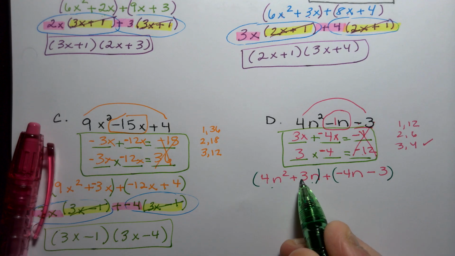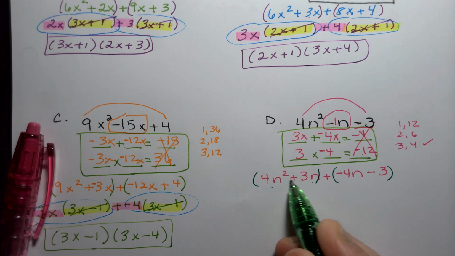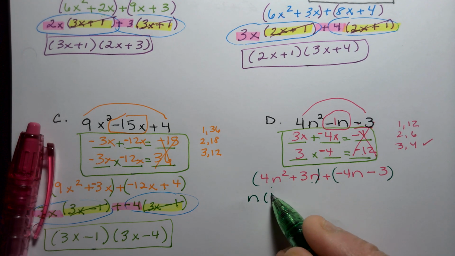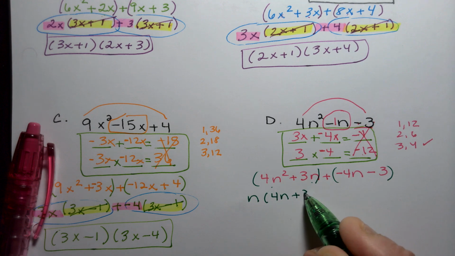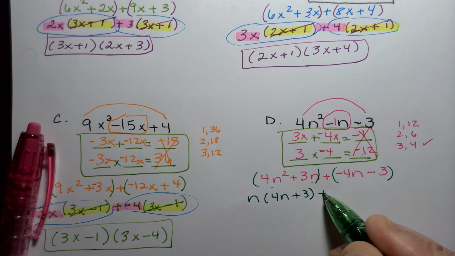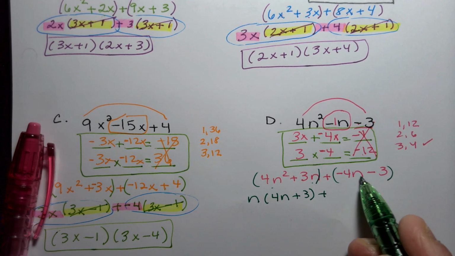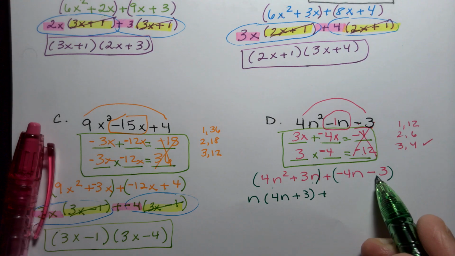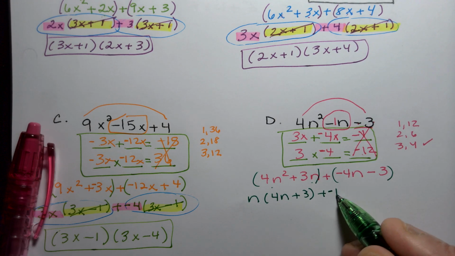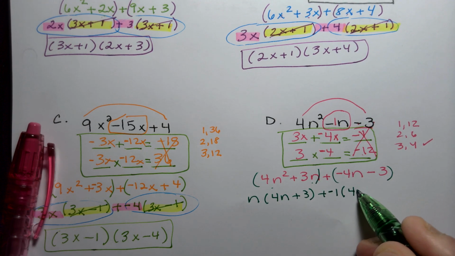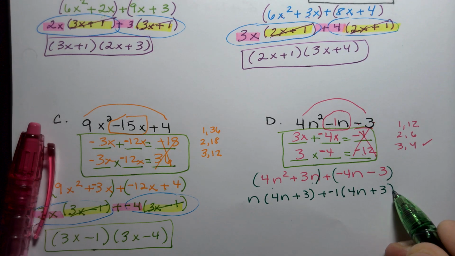We can take out no number, 4 and 3, there's no factor, but we do have an n. So I'm going to take that out, and I'm left with 4n plus 3. Plus, we're really close here, but this negative is a problem. So I'm going to take out the negative 1. And then that just changes the sign on both of them.